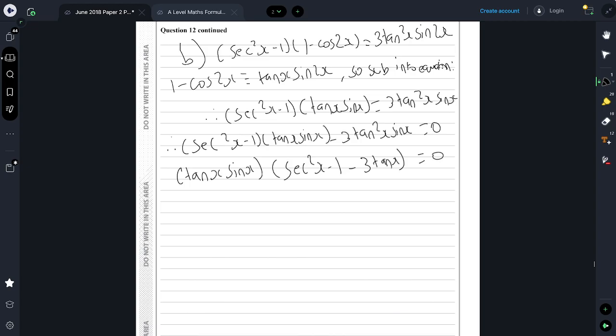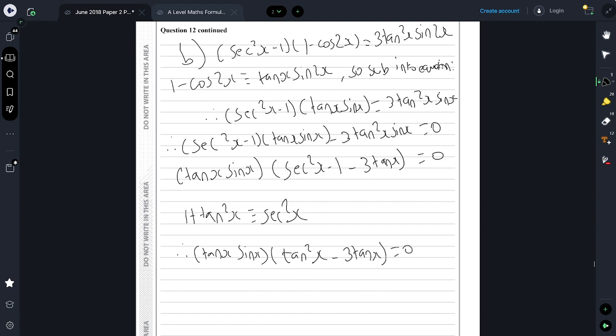Can I simplify this? I think I can. You should remember the identity: 1 plus tan squared x is the same as sec squared x. So I'm going to substitute that in. Therefore tan x sine x of sec squared x, which is 1 plus tan squared, but 1 minus 1 is 0, so you just get tan squared, minus 3 tan x equals 0.